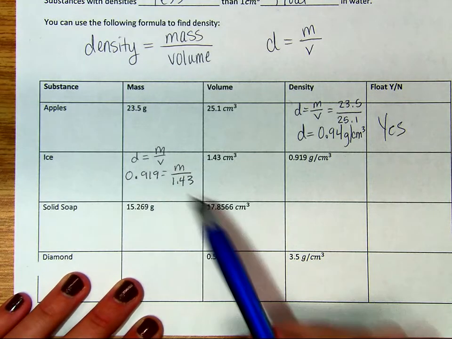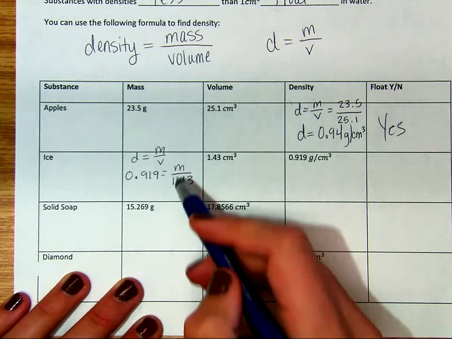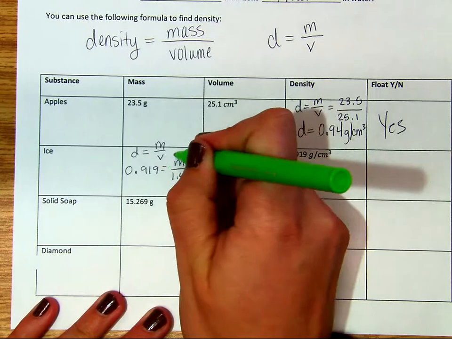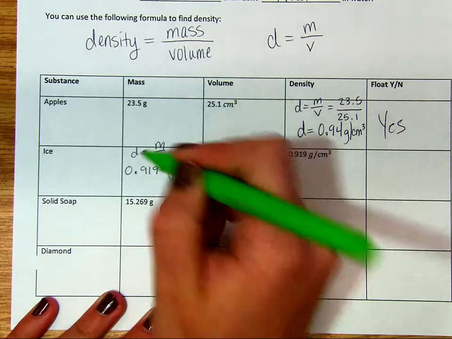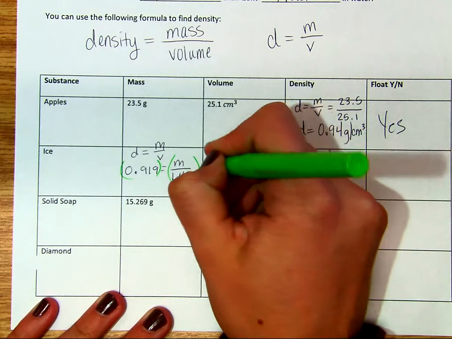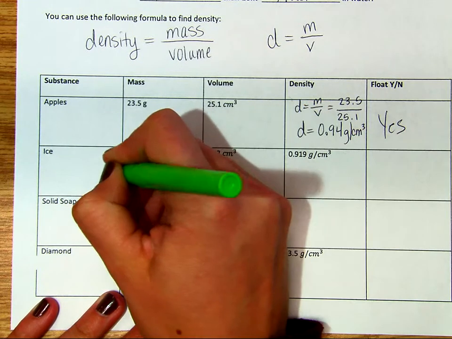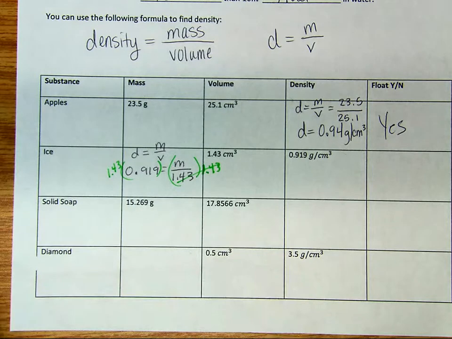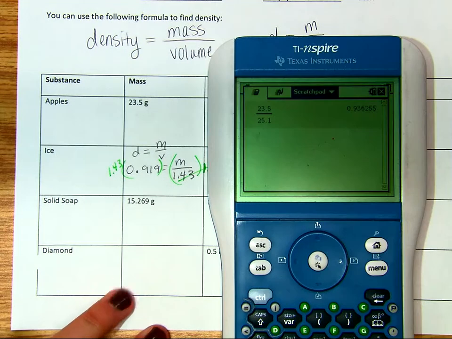Well, now this is just a one-step decimal equation. I need to get m by itself. Right now it's being divided by 1.43. So to undo that division, I'm going to multiply everything by 1.43. Those cancel out. And on the left side, I'll do 1.43 times 0.919.